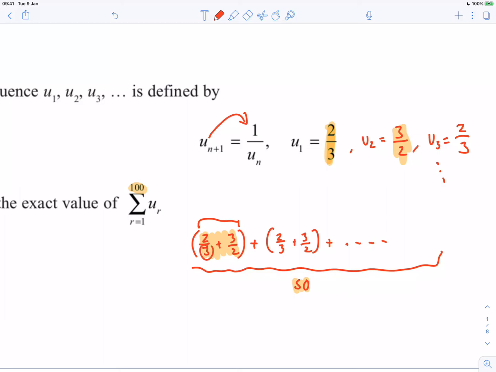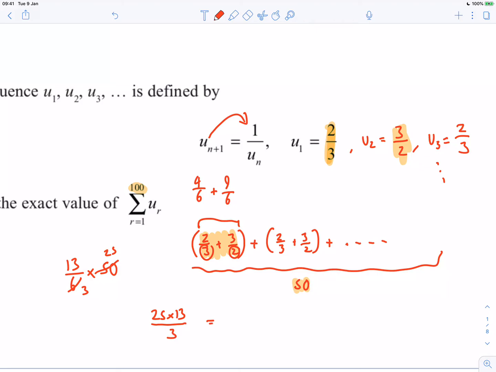So thirds and halves, let's make those sixths. If I times the left one by 2 top and bottom, that's 4/6. And 3/2, if I times by 3 top and bottom, is 9/6. So 4/6 plus 9/6 is going to be 13 over 6. Now I need to times that by 50. So the 50 and the 6 will cancel to 25 and 3. So the sum will be 25 times 13 over 3.